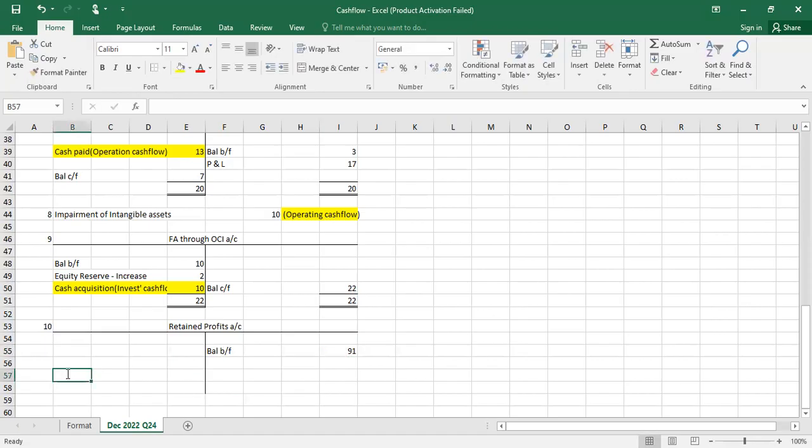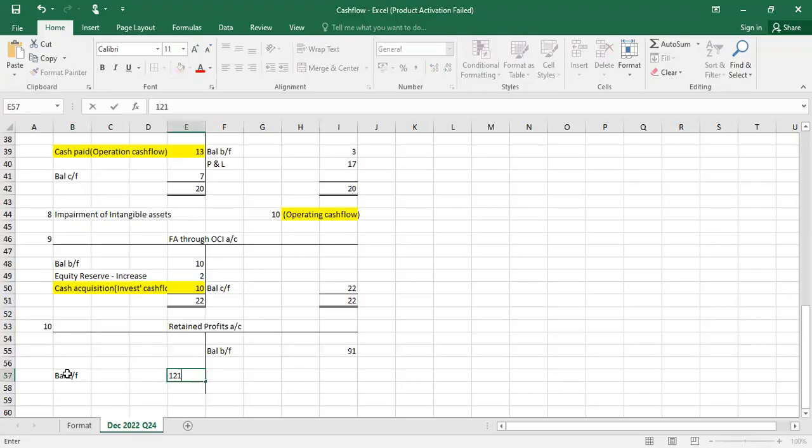And then we have the balance carried forward, which in the second balance sheet, we are told is 121.